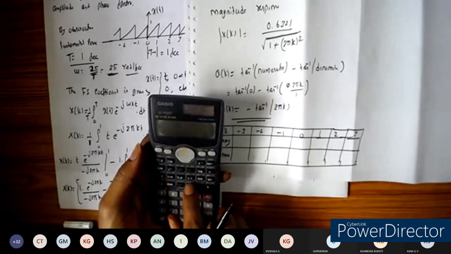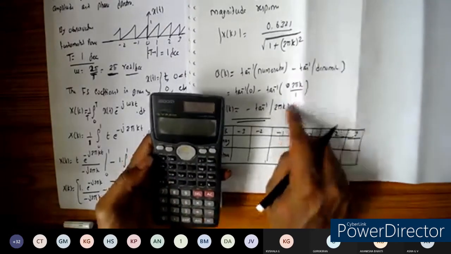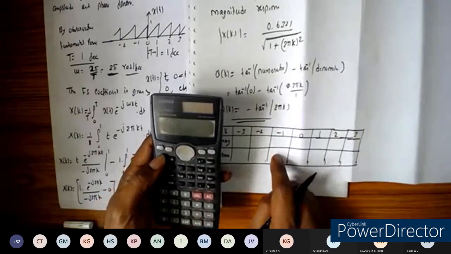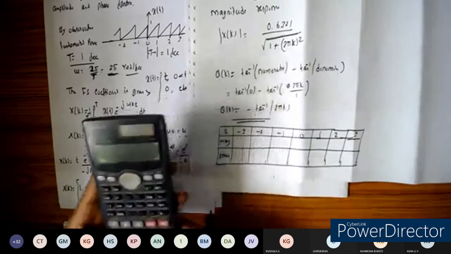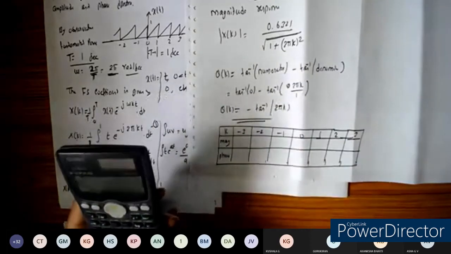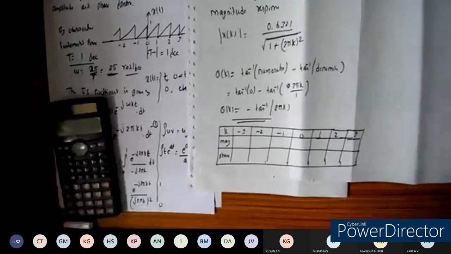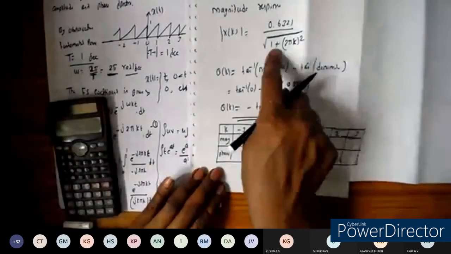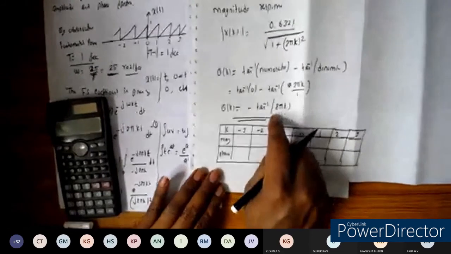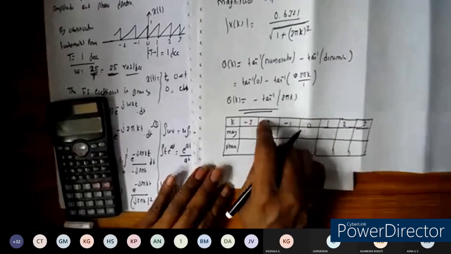Close the small brackets. Calculate for k equal to -3. How much will you get? Substitute and find the answer.